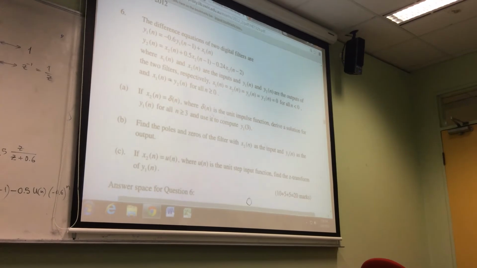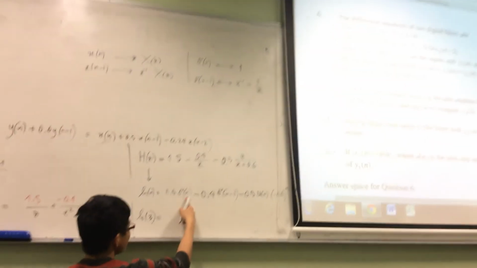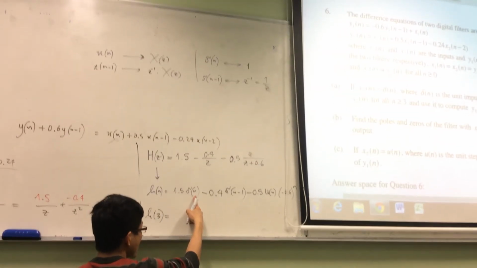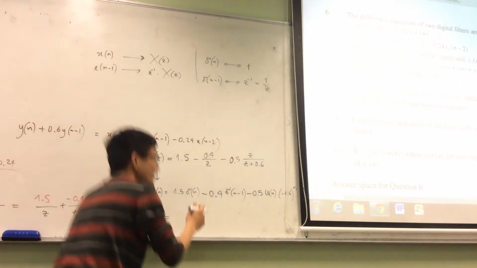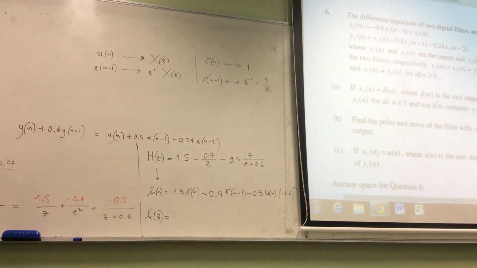Derive the solution for y[n] and use it to compute y[3]. So you just substitute 3. h of 3 becomes the other function of 3. How much is delta of 3? Come on, what is the delta function?